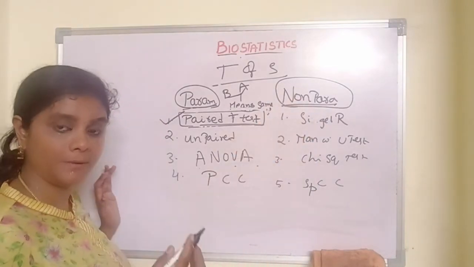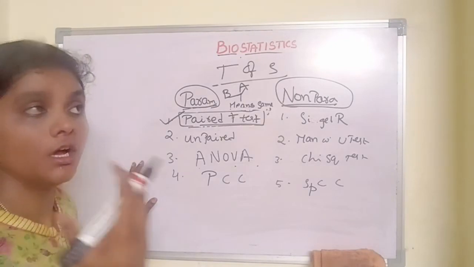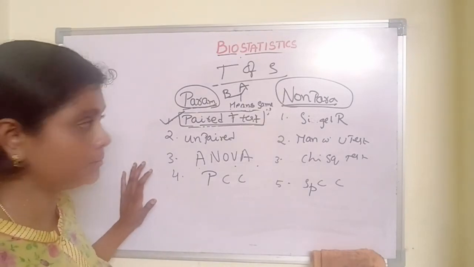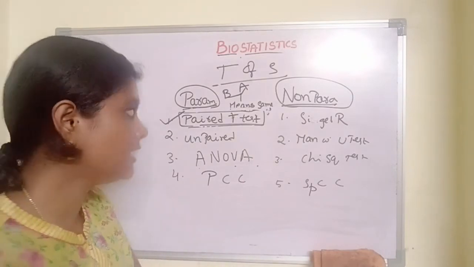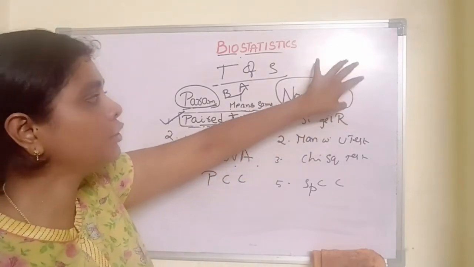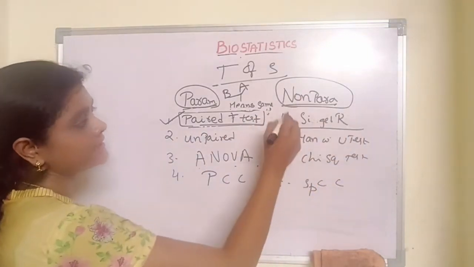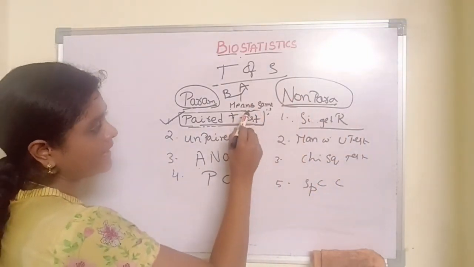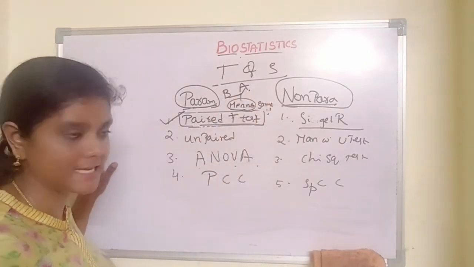Same for the non-parametric. So non-parametric means what? There should be some quality, some nominal or ordinal data. When those types of research are conducted, you will assign a non-parametric test. So the signed rank test is used for comparison of means before and after in the same sample.